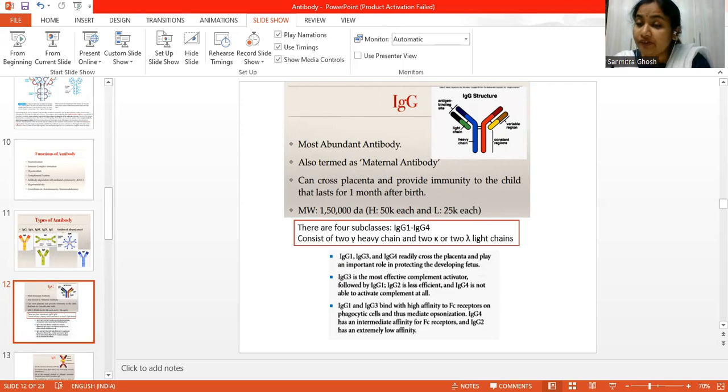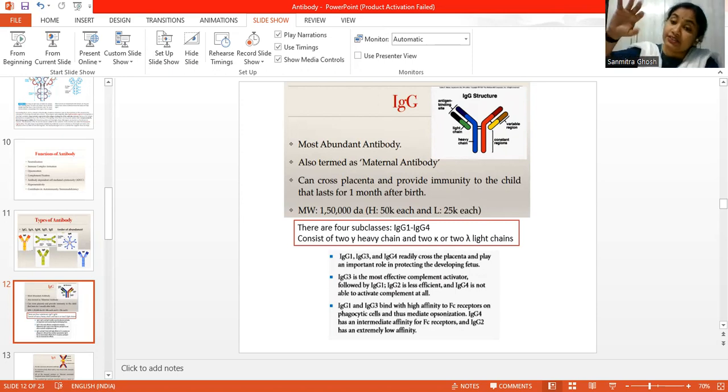Now, of the 4 different types of IgG that we have, IgG1, IgG3 and IgG4 are much more efficient in crossing the placenta, and they have the most prominent role in giving protection to the fetus that is developing in the mother's womb.